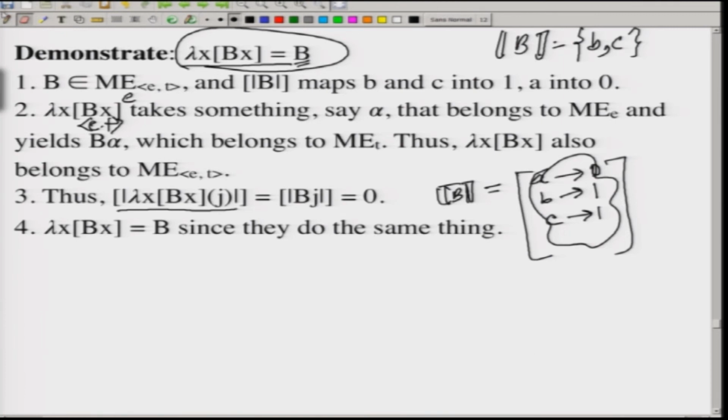Okay. So, the point is you have this lambda x b x, with the same variable. This is the same as b, we have seen that.